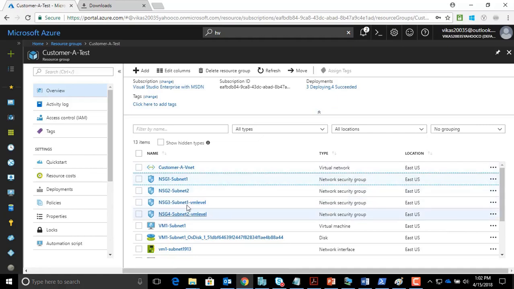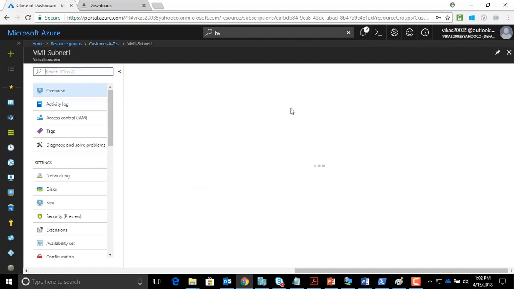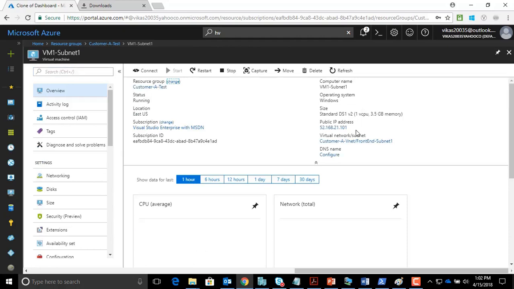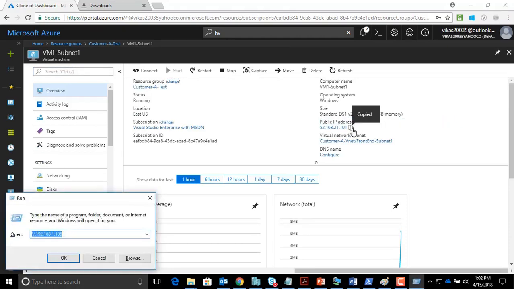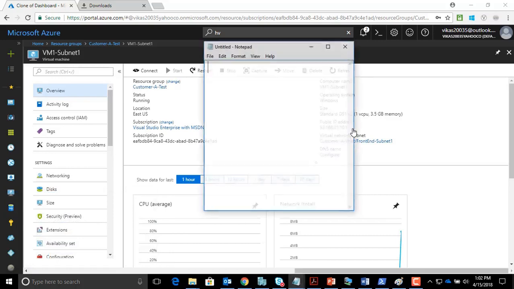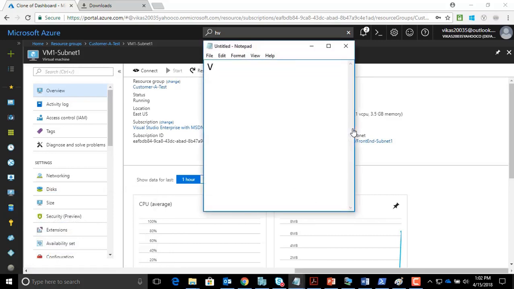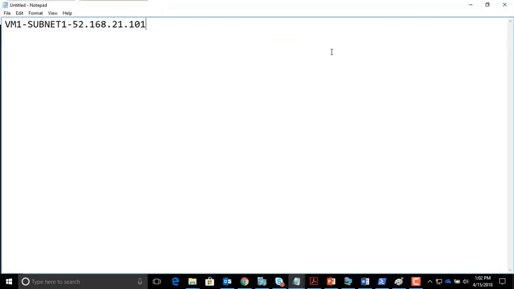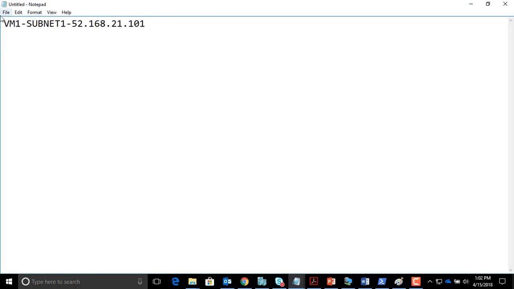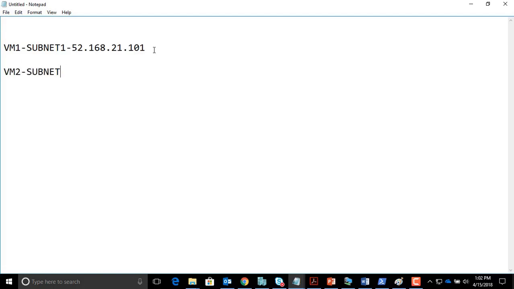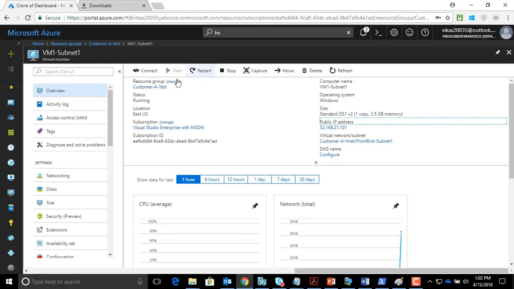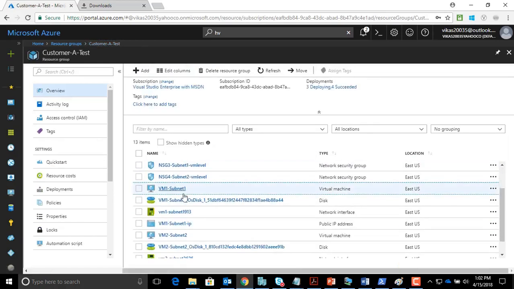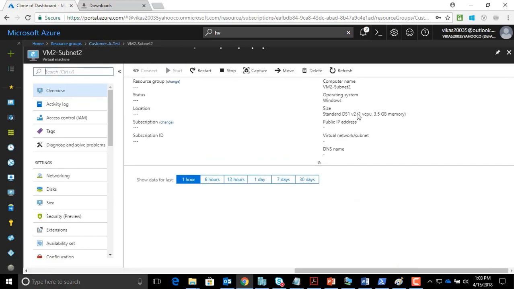So it means if I go to VM1, subnet 1, public IP. Let me note down in this notepad: VM1, which is in subnet 1. Second is VM2, which is in subnet 2, and public IP.